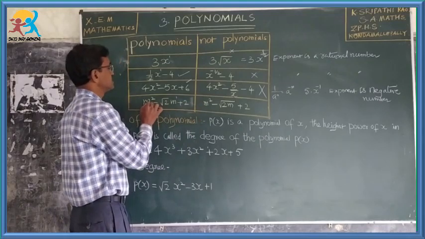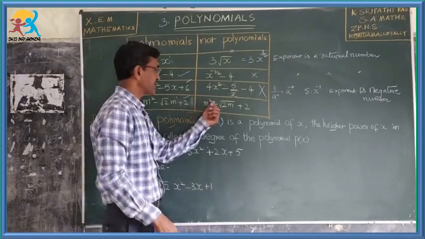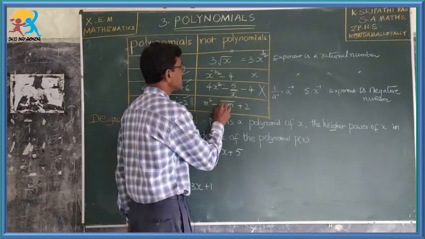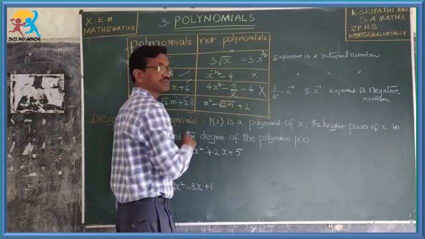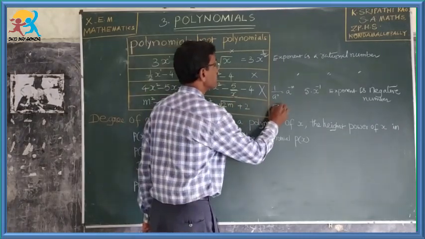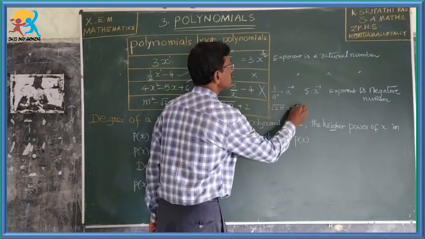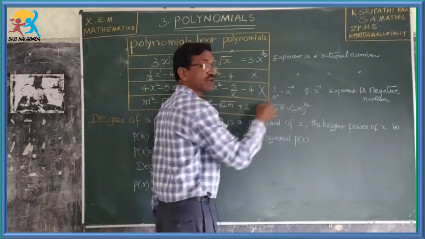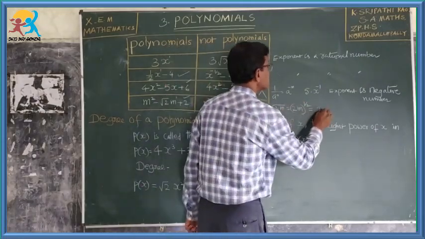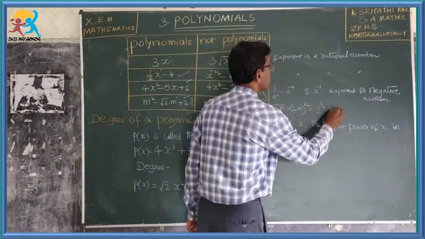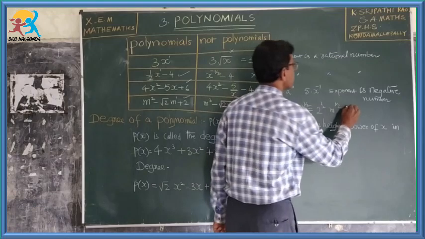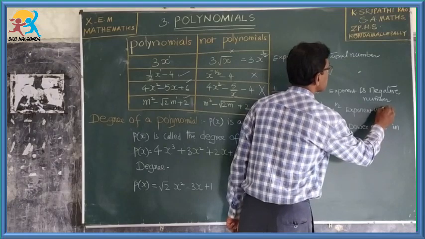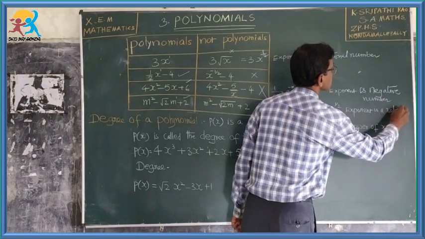So here this is also a polynomial. But here m square minus root 2m plus 2, the root is over the total term 2m. That means root 2m can be written as 2m whole to the power of 1 by 2. This is the radical form and this is the exponential form. If we write this, 2 to the power of 1 by 2 and m to the power of 1 by 2, here the exponent is a rational number, a fraction.